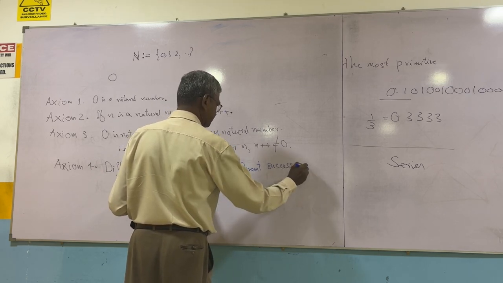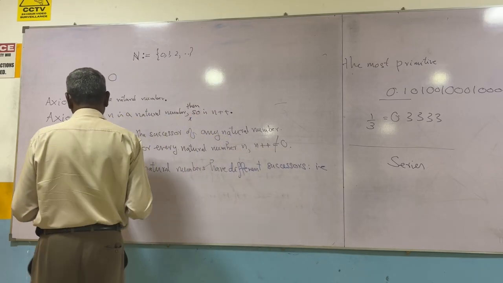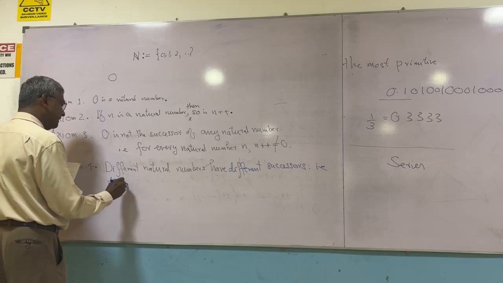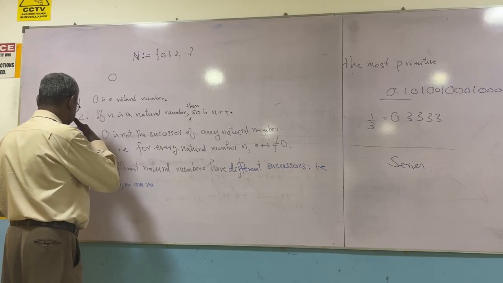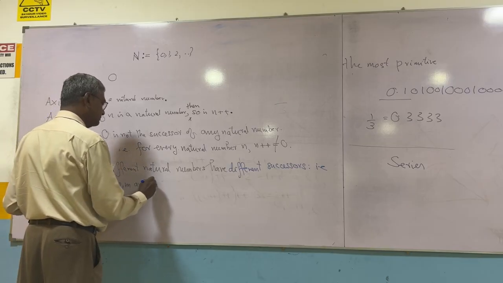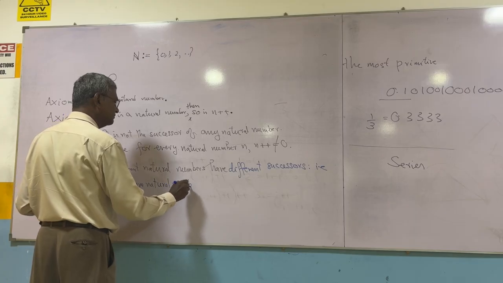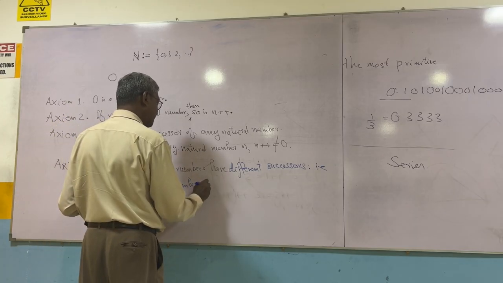That is, if n and m are natural numbers and n is not equal to m, then n plus plus is not equal to m plus plus.